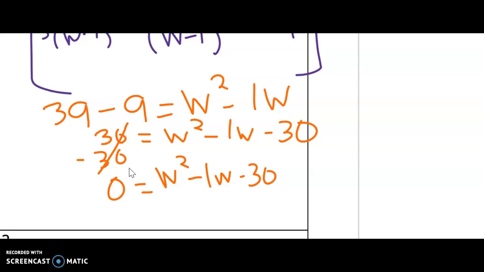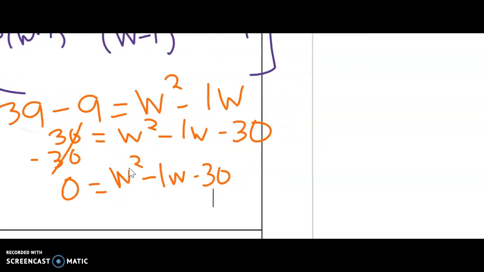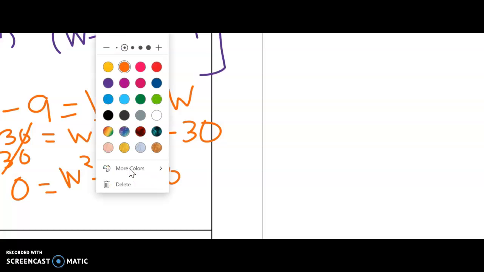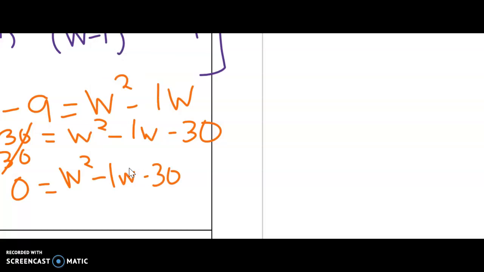Now here's where we need to factor. So we can either do the diamond or we can do Pythagorean theorem. So I'm going to do the diamond in the box. So what times what gives me negative 30, and when added or subtracted gives me negative 1? So that is negative 6 and a positive 5.